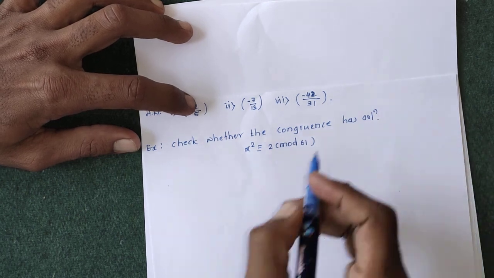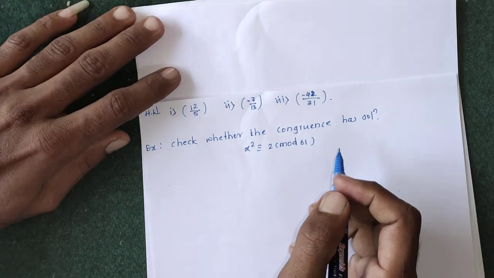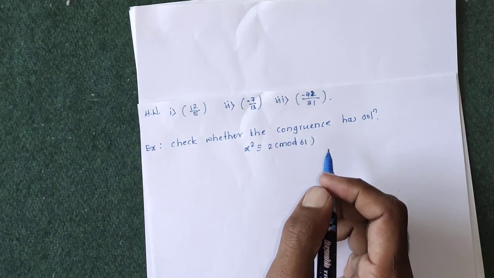Check whether the following congruence has a solution. The first congruence is x square is congruent to 2 mod 61.